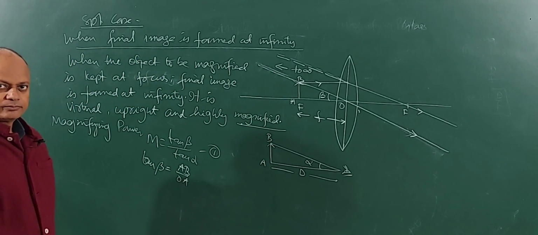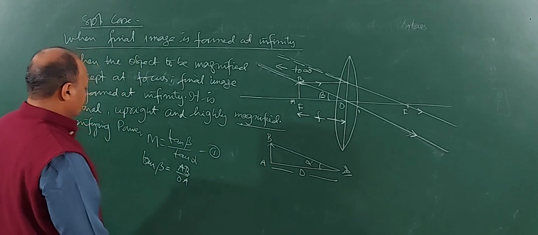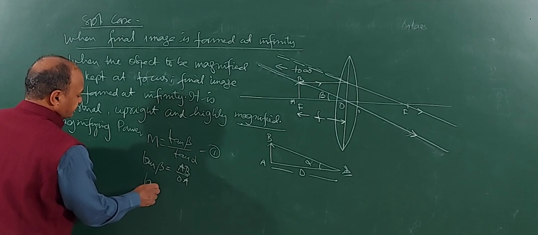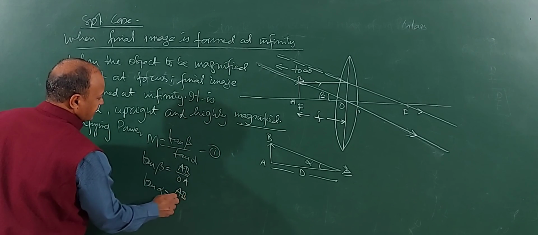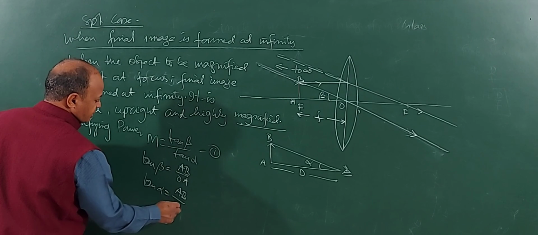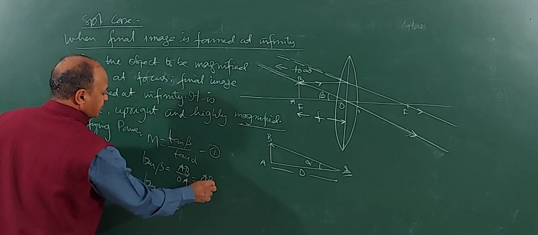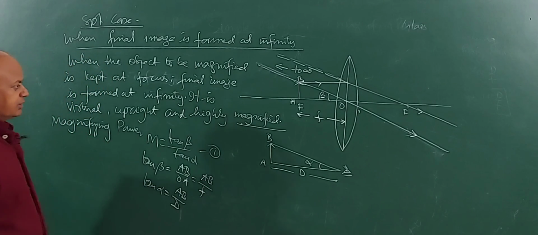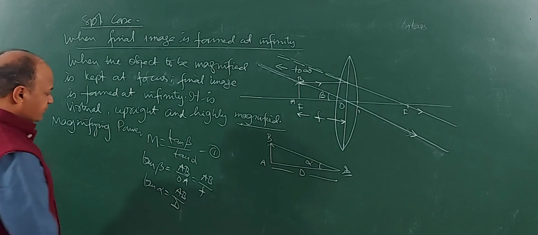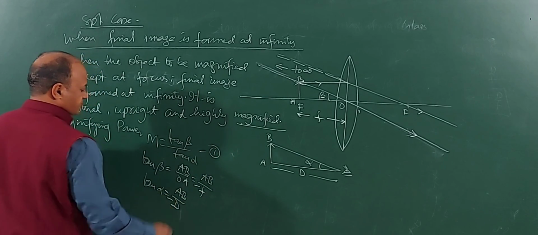So when the object is placed at least distance of distinct vision, children, then how much will be tan alpha? Tan alpha from the diagram will be AB by D. Let's put the value also. And this you are measuring on the left, so I'll put here minus. D is also on the left, so I'll put here minus D.